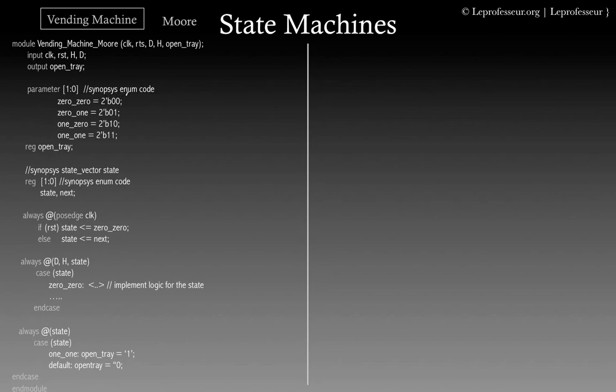Most of the time in ASIC design, you're going to be using Synopsys tools. And by specifying parameter 1 colon 0, you are telling the tool to encode it in a binary encoded way.